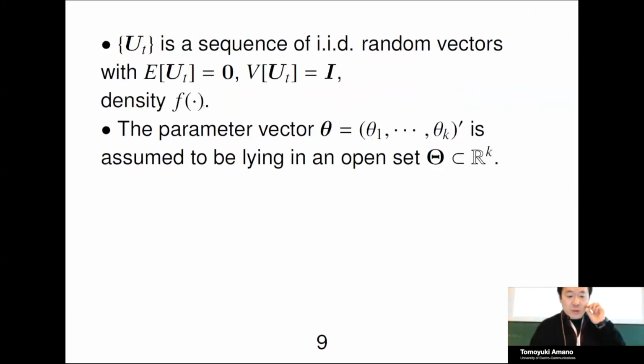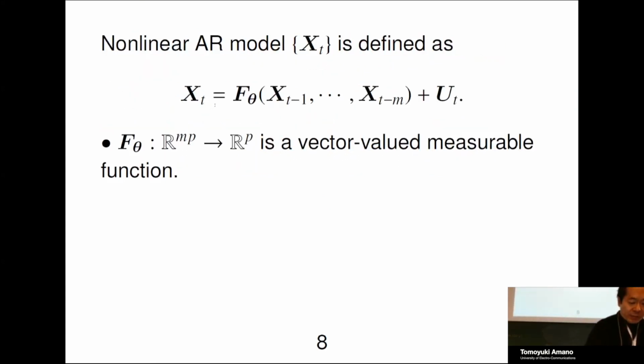We assume the mean of u_t is 0, and the covariance matrix is the identity matrix. We assume this has density f. And we are interested in this parameter theta.